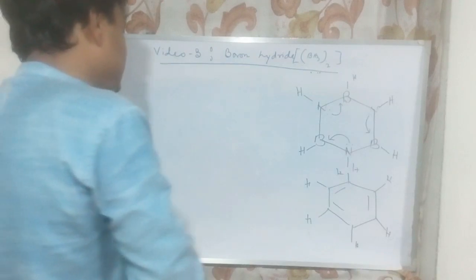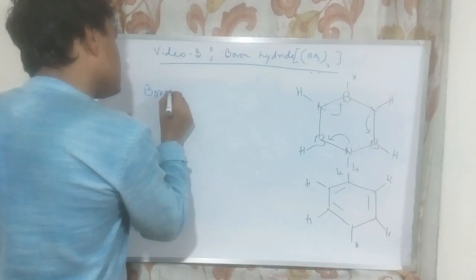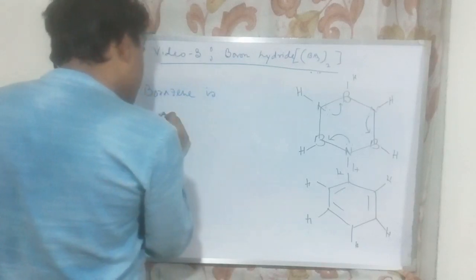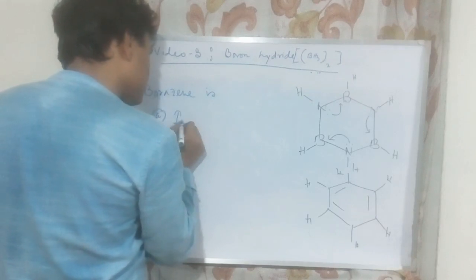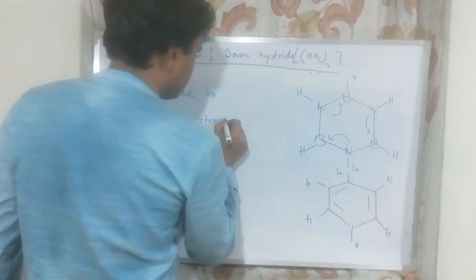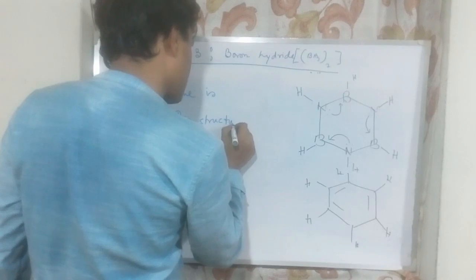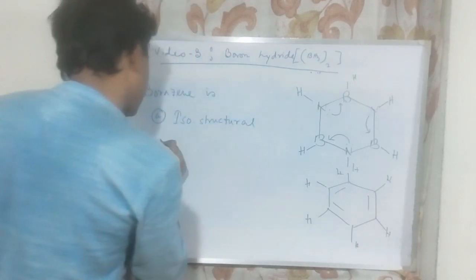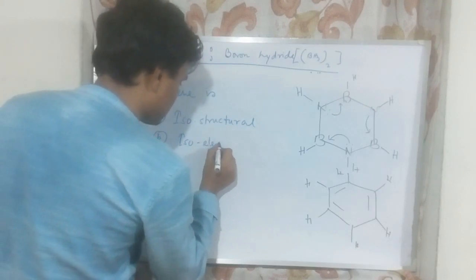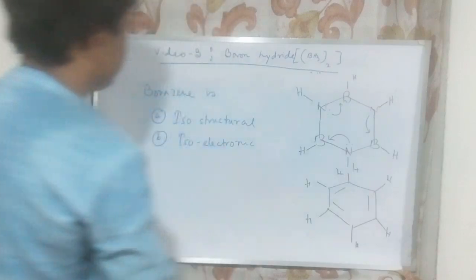This borazine is isostructural and isoelectronic like benzene.